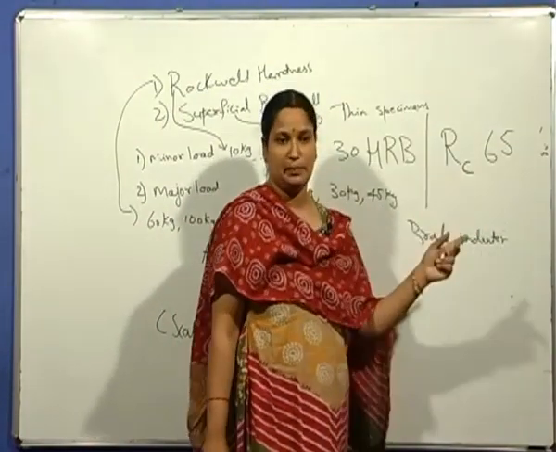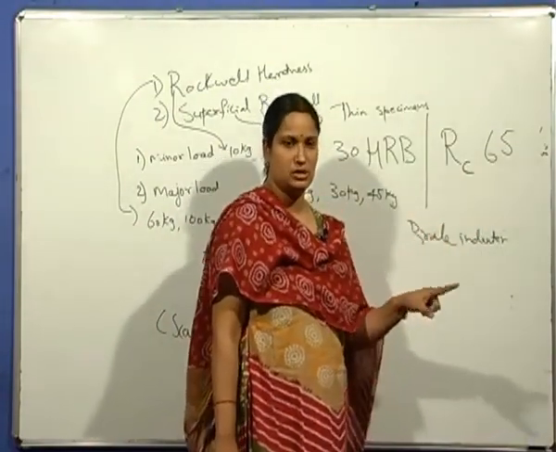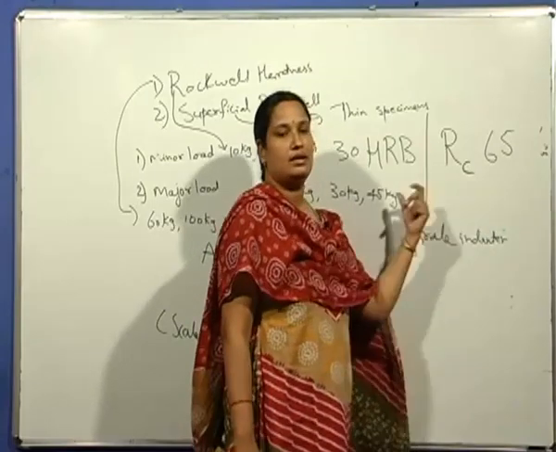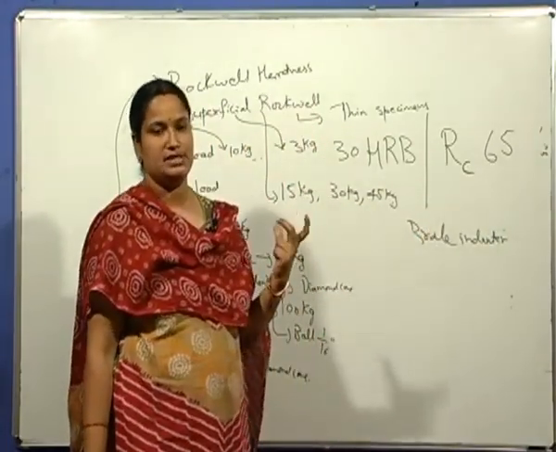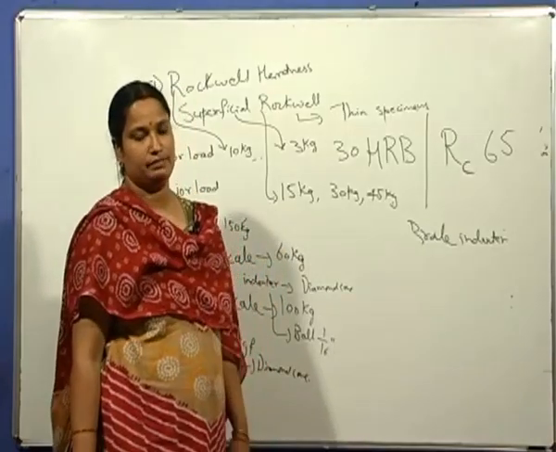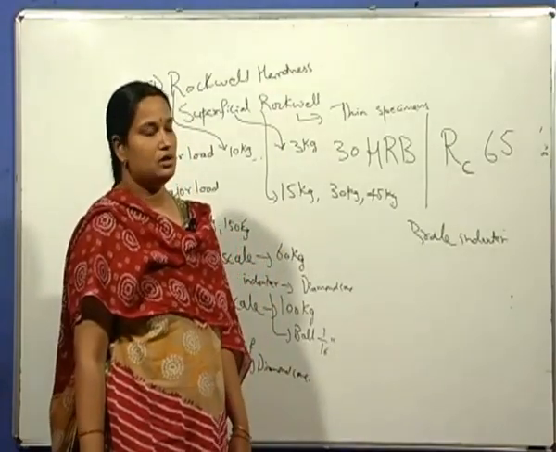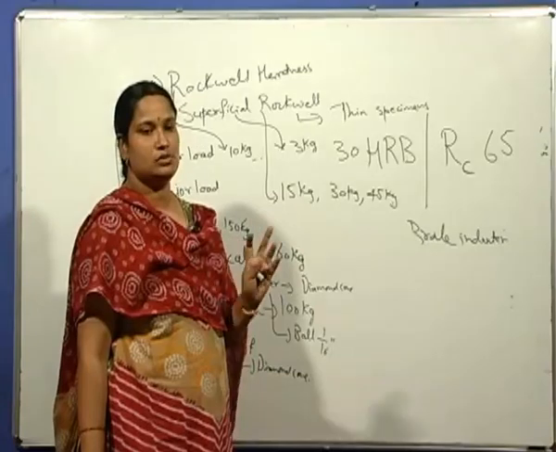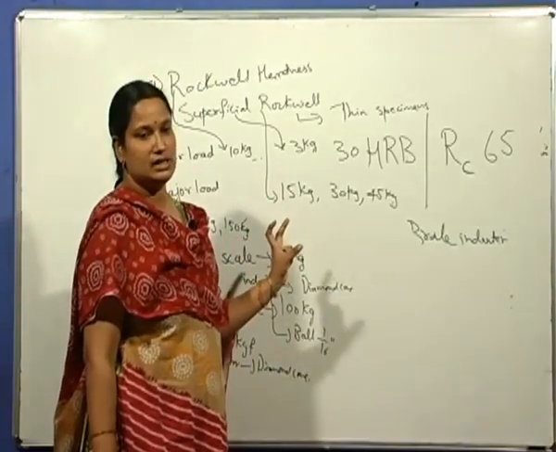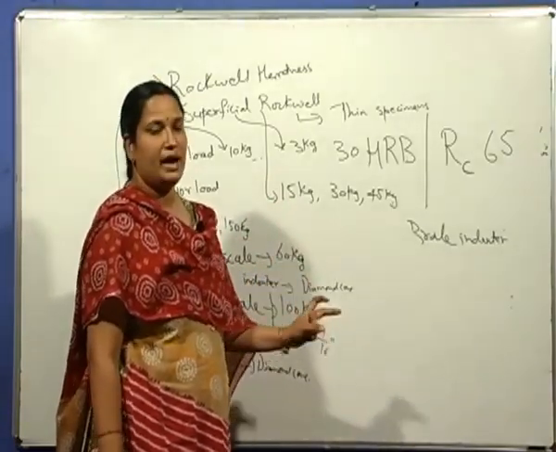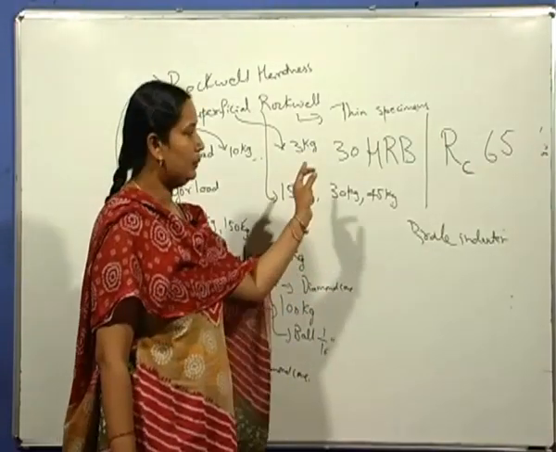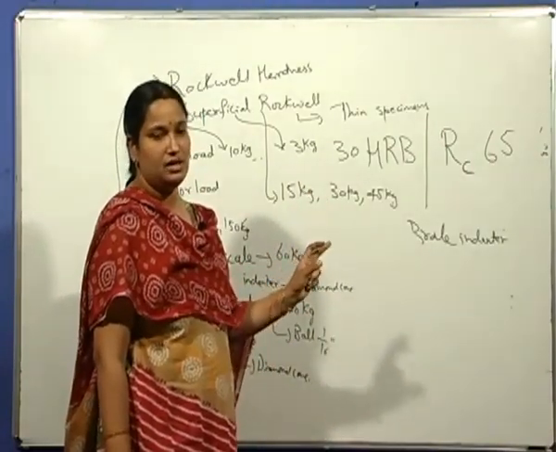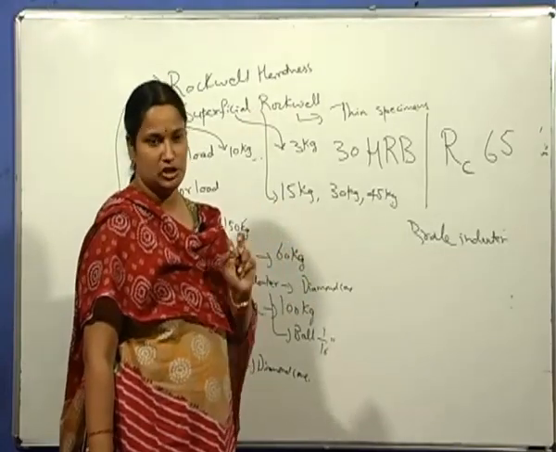The C scale is a combination of 150 kg force load, and the indenter used is the Brale indenter, that is the diamond conical indenter. So this is how one has to report the hardness for Rockwell hardness, and it has no units. So one has to be very careful in reporting the hardness for Rockwell. The scale has to be mentioned.